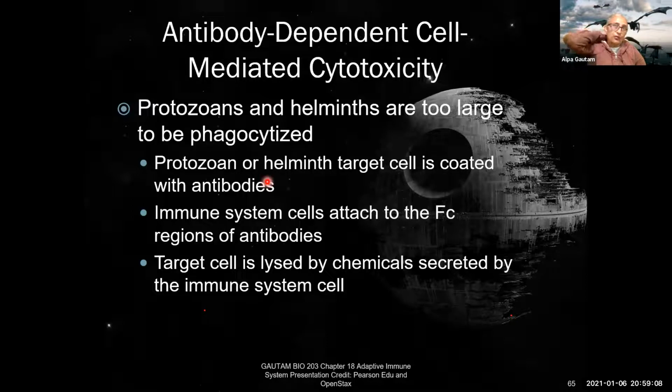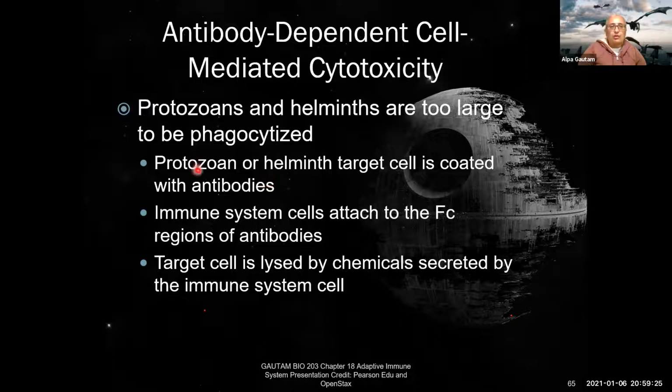Protozoans and worm larvae go through a process of opsonization where the antibodies come along and bind to the surface. That's going to then tell immune cells to come and attack it.